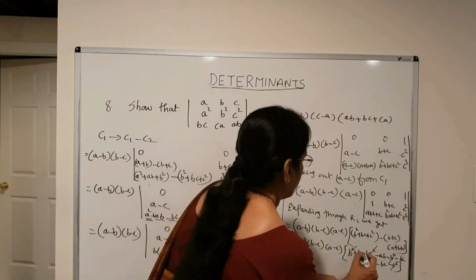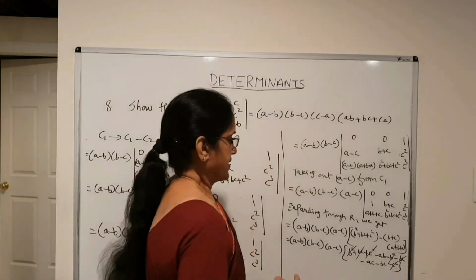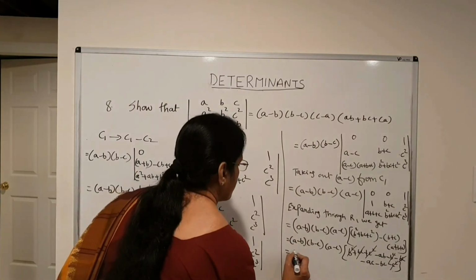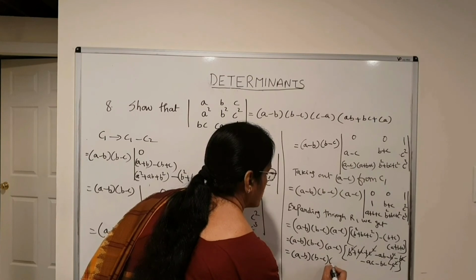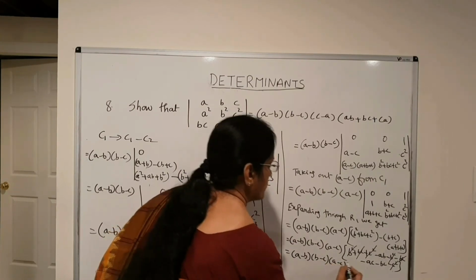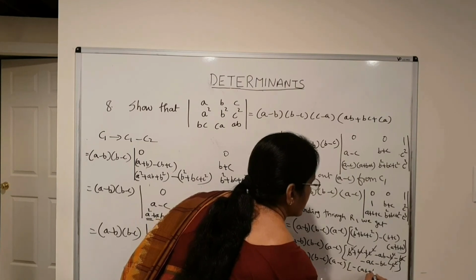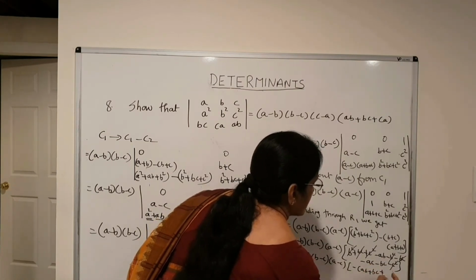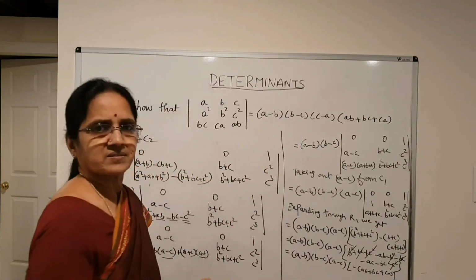Then plus bc minus bc will get cancelled. Then I will be left with LHS is a minus b into b minus c into a minus c into minus of ab plus bc plus ca. This is what I am having.